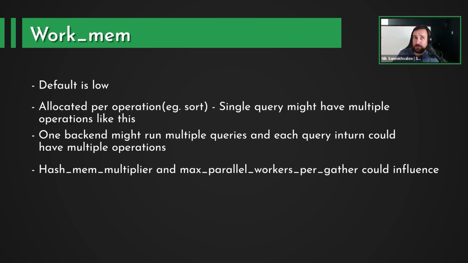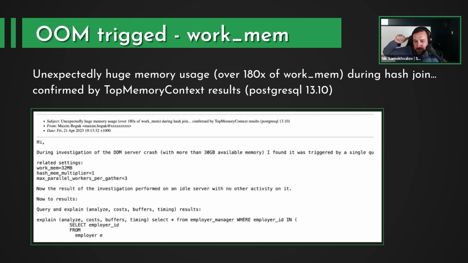But you need to understand that a heavy query can consume it multiple times, for a single backend. If you have 1,000 max connections and 100 megs, 1,000 connections, it's already 100 gigs. Do we have it? Also, some part of memory we gave to shared buffers already, right?